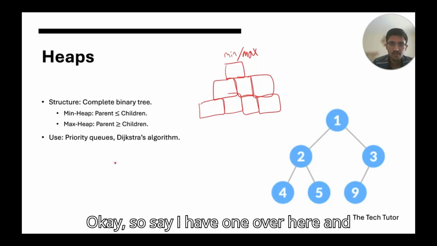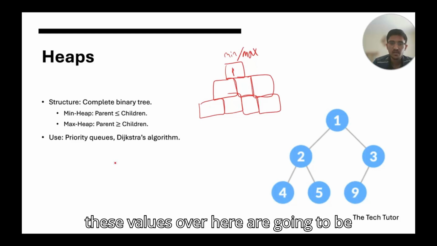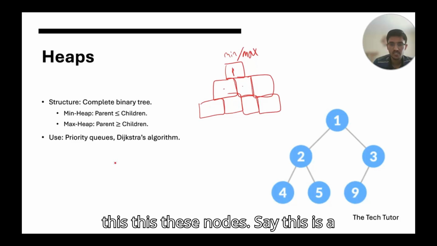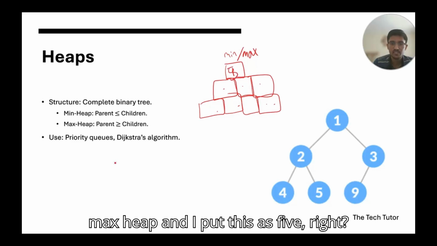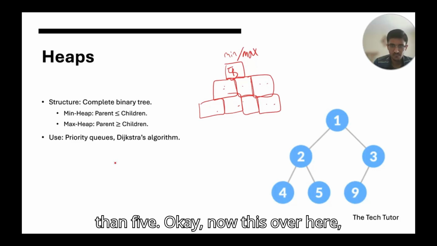Say I have 1 over here and it's a min heap. That means that all the values in these nodes are going to be greater than 1. So let's say this is a max heap, and I put this as 5. All these nodes are going to be less than 5.